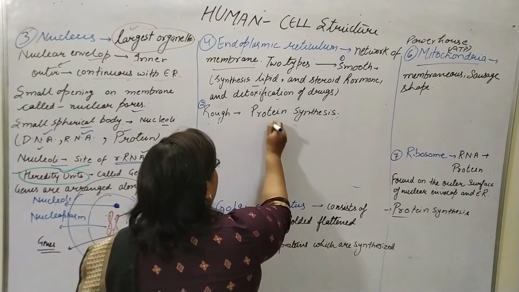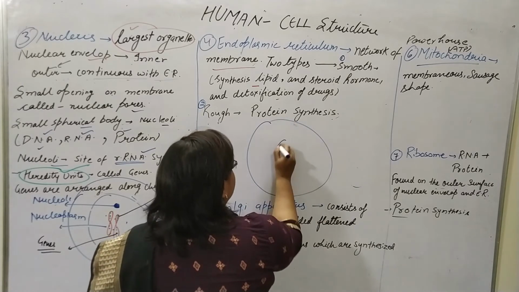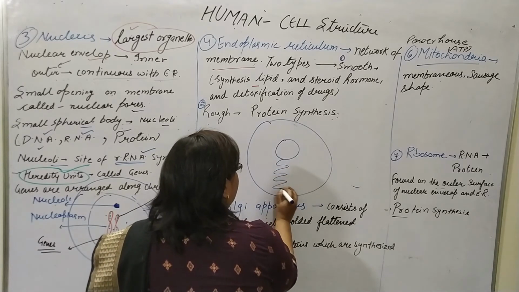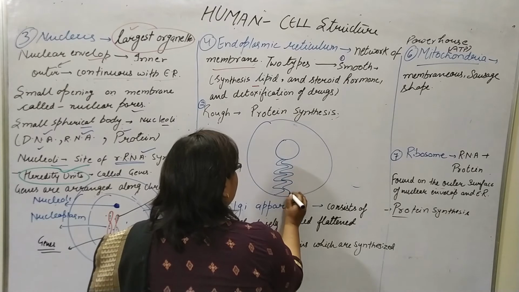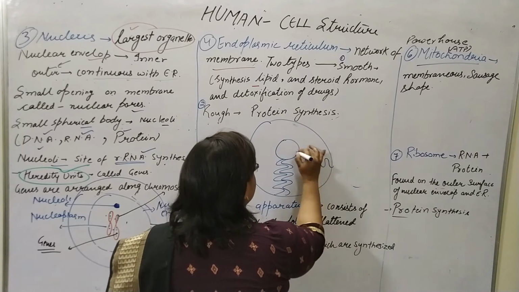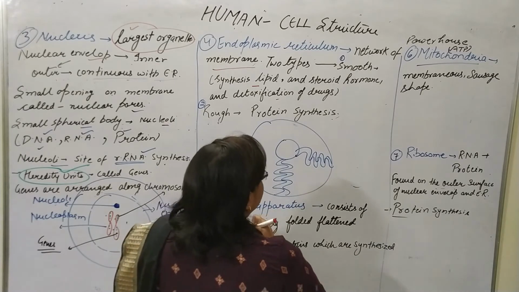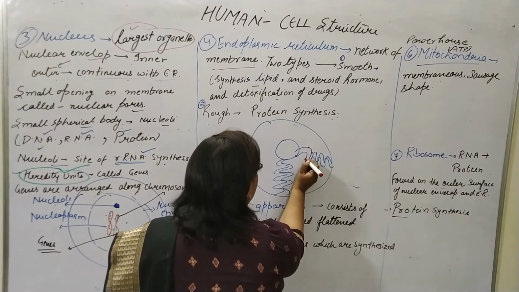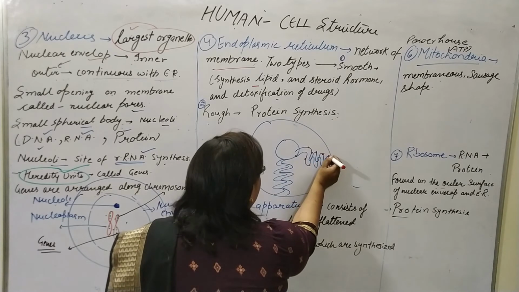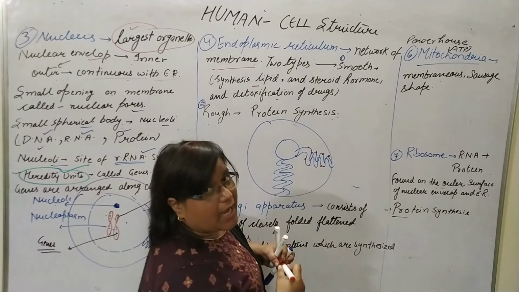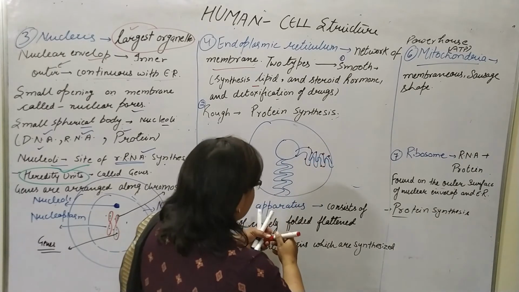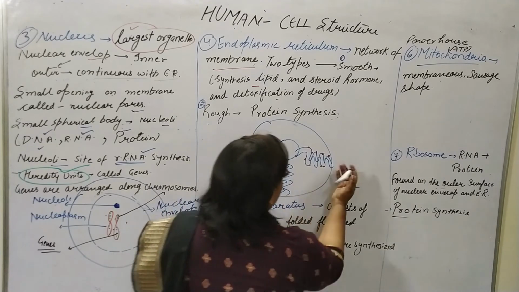I will draw the cell diagram. This is the nucleus, and here is the endoplasmic reticulum, which is composed of flattened membranes. If ribosomes are present on the endoplasmic reticulum, it is known as the RER, the rough endoplasmic reticulum.